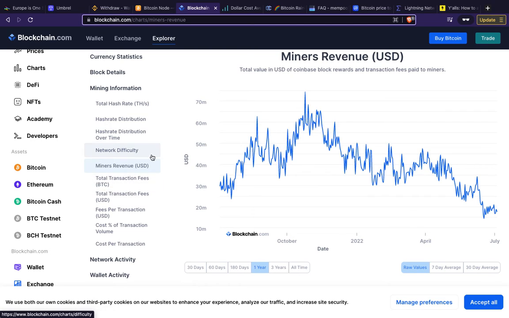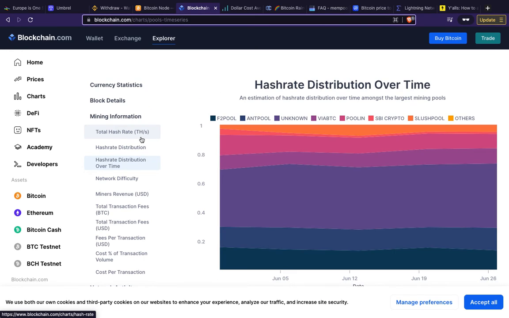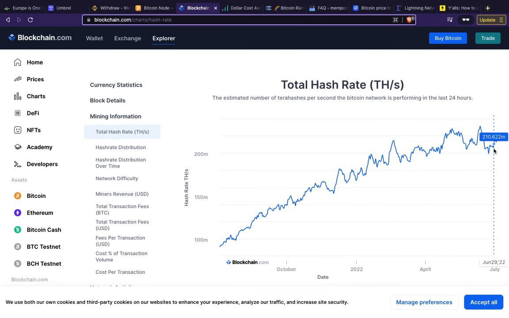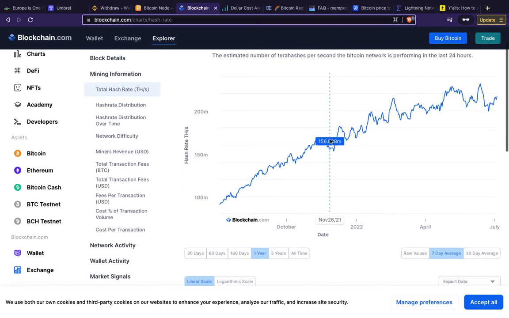And you have the hash rate distribution, and the total hash rate, which I think is going up again. It's starting to pick up, right? Really good. I think the network is very strong.